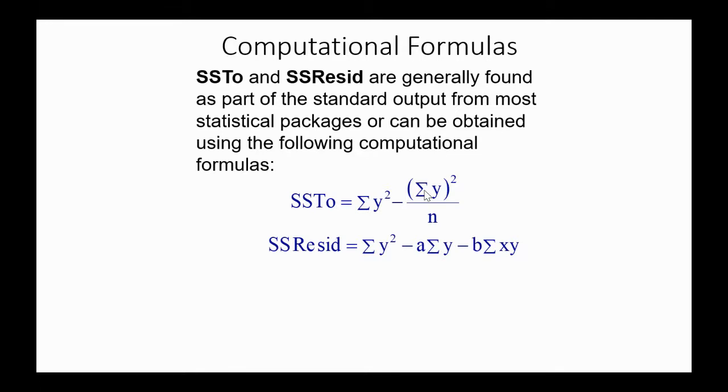Now we're on page 15. For the residual sum of squares, you would have to use your a and b from your regression line to get that. So you could compute them.